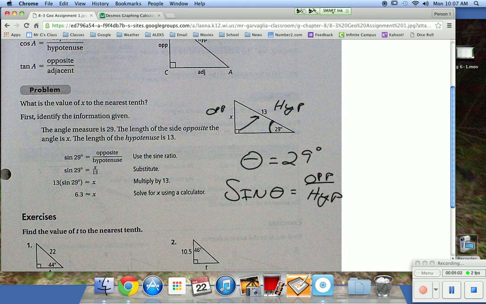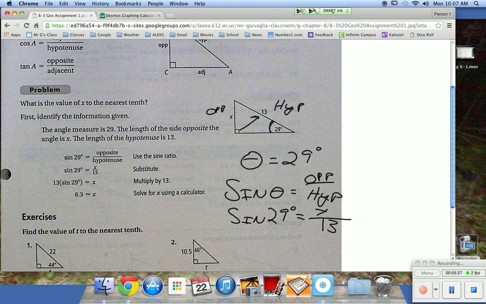And now we can just start filling in. Sine of 29 degrees equals my opposite, which is x, over my hypotenuse, which is 13. And we can start to solve it. Does that look hard?